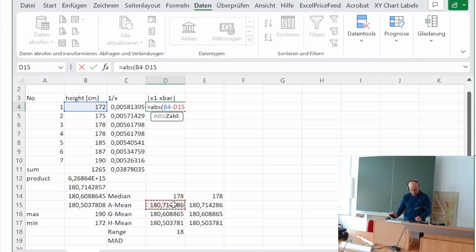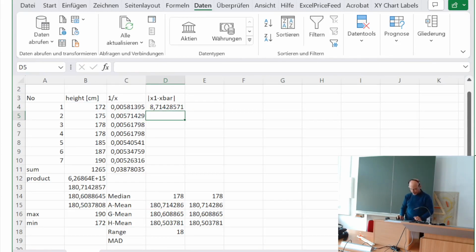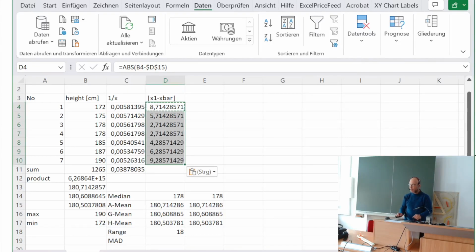You can do this by typing F4, or by hand inserting a $ sign in front of the letter and the number of your cell. Going down, then we have all relative distances to the arithmetic mean.